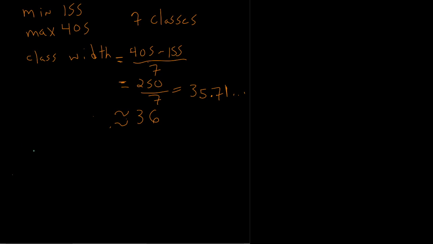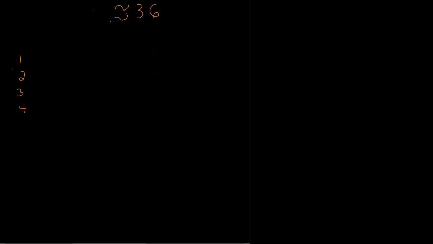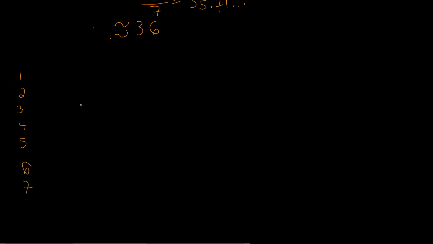All right, so what I'm going to do here is number down just so I know that I have 7 classes. I don't want to run out of space. So I'll leave my width up there as 36. Now again, we want to refer to the data, and so my classes.